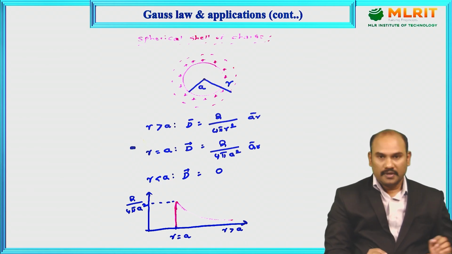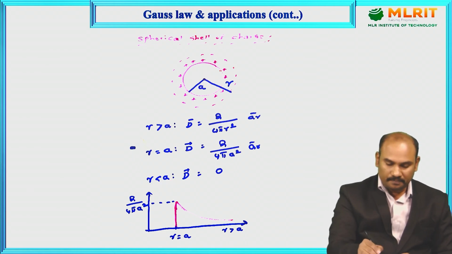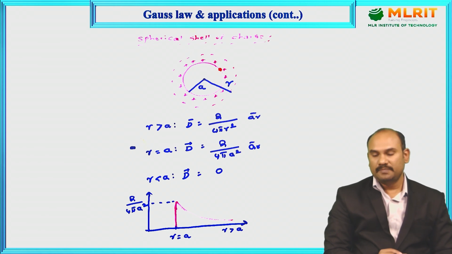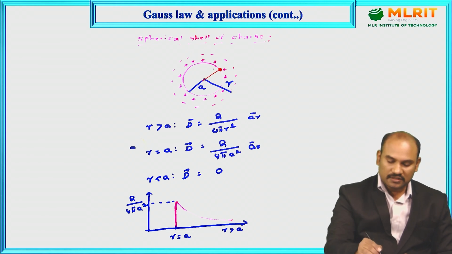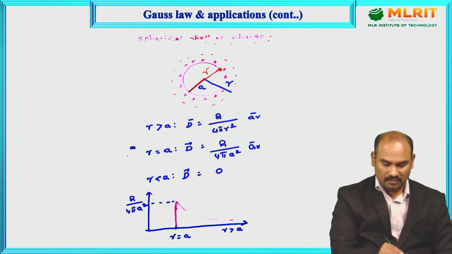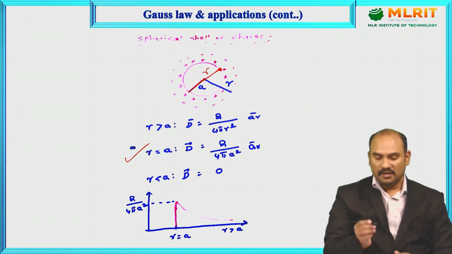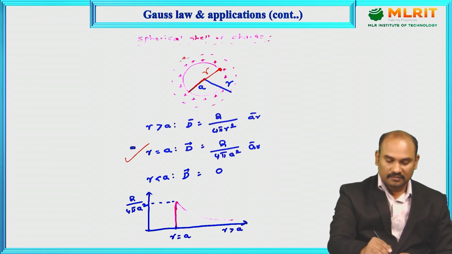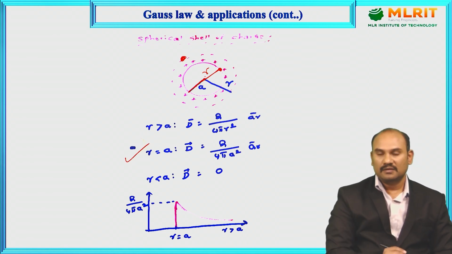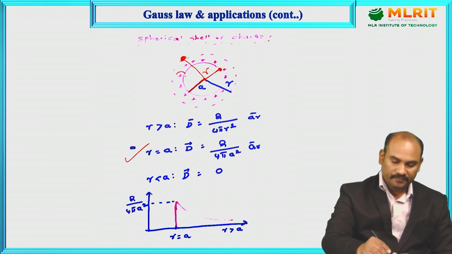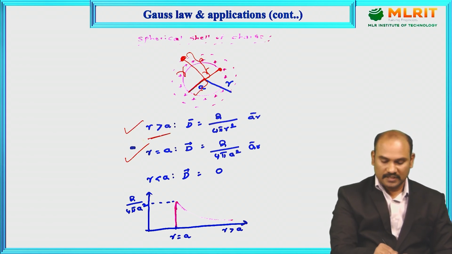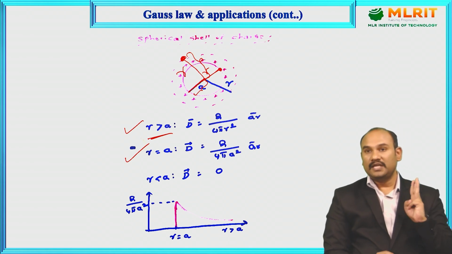If you take a point P on the physical sphere, then the radius of the Gaussian sphere and of the physical sphere are the same, r is equal to a. If you take a point P outside the physical sphere, then r is greater than a. Now you have three regions wherein you want to find the expressions for the flux density.